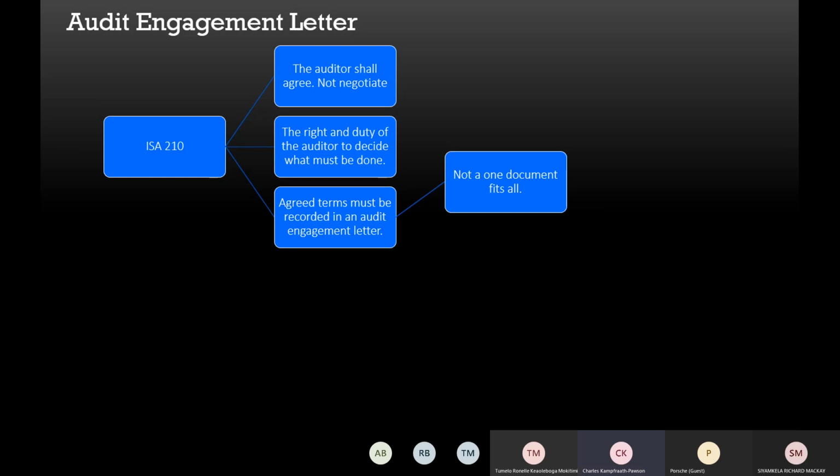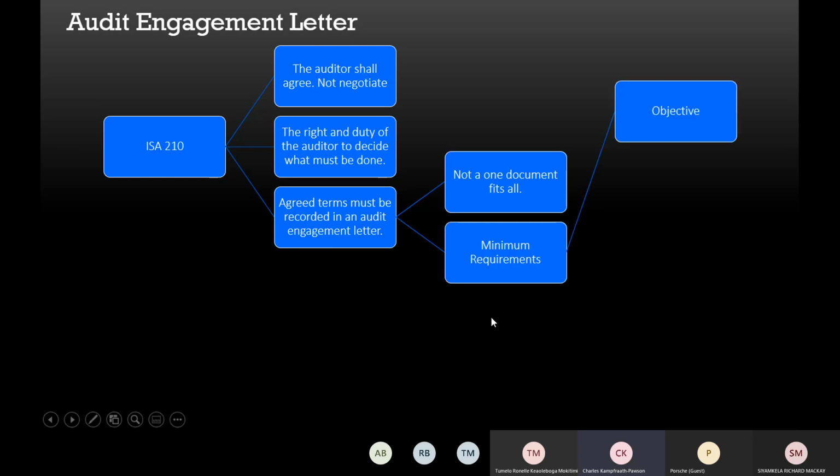And very important, although there's lots of drafts out there, there is by no means a one document fits all template. We have, and we're going to discuss it now, the minimum requirements and some additional requirements that must be in that letter, and the letter should not be vague, but it's not one document fits all. It's not a standard contract.